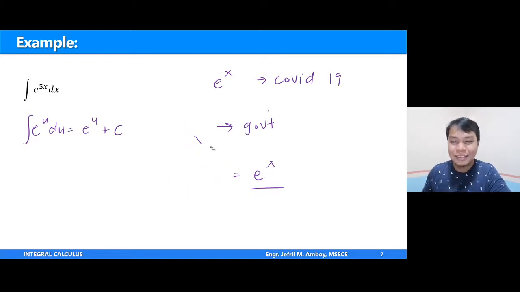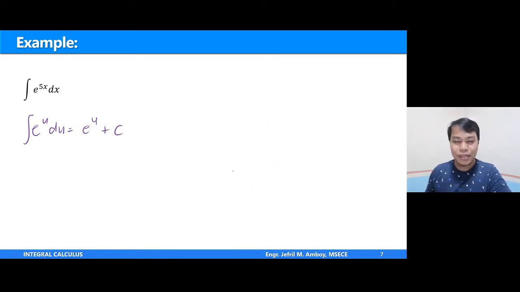Pauwiin na natin. So now, alam na natin ha, ang e to the u du is just e to the u plus c. However, ito ay e to the 5x. So mag-substitution method ka, no? Yung u, gawin mong equal na lang sa 5x. Tapos, yung du mo ay magiging 5 multiplied by dx. Tapos, yung dx papalitan mo ng 1/5 du.